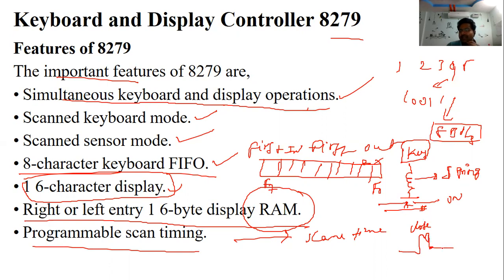After some time, it settles down. Then you can release the key. What will happen here? Again it produces some vibrations, and after some time it releases. This is the key closure. This is the total time allowed for the microprocessor to read this one. But what is the actual time to read the key closure? This is the actual time.